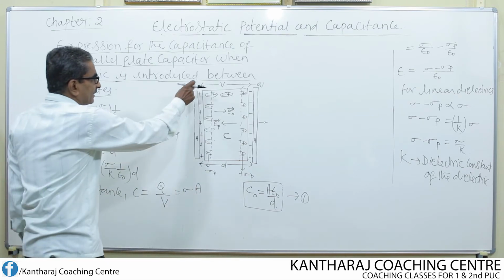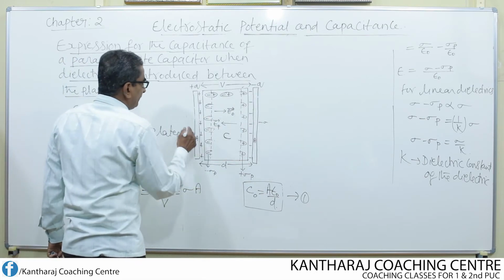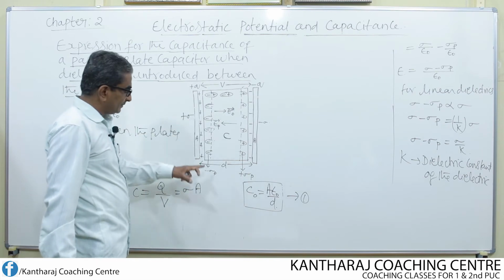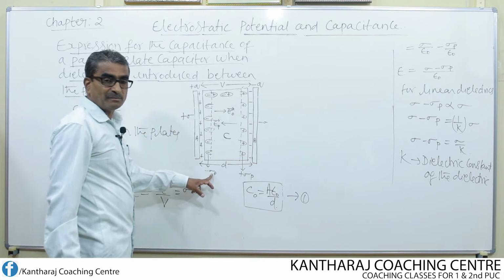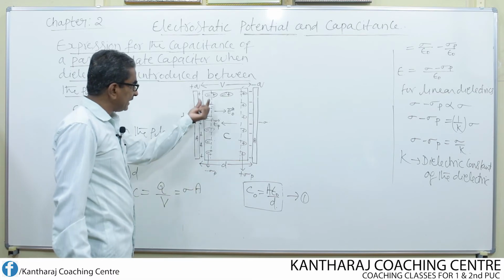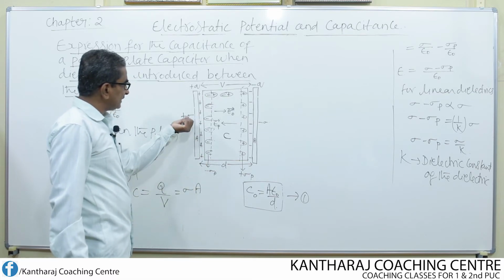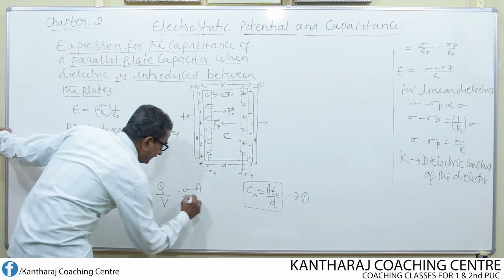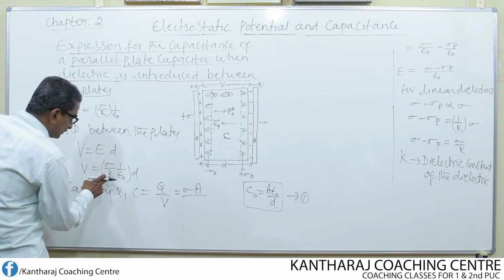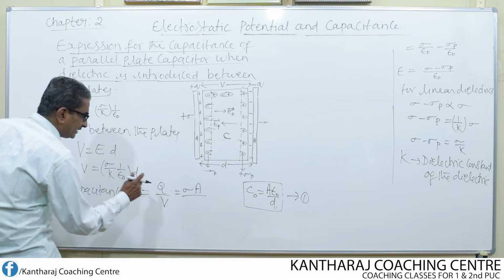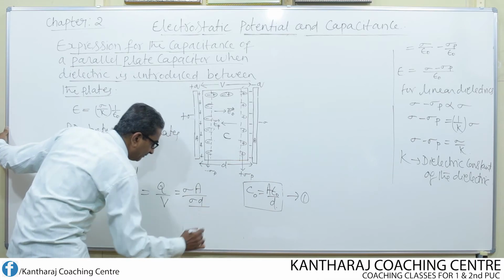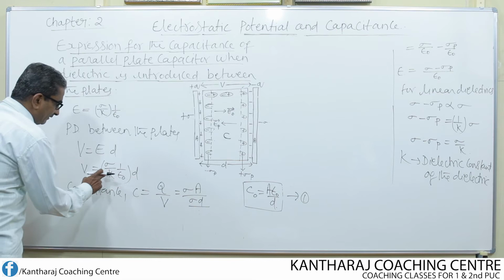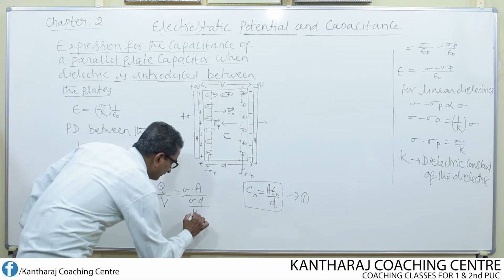What is sigma? The surface charge density of the plate. Remember, there are two sigmas here. One is only sigma, and the other one is sigma P. Sigma P is the surface charge density of the polarized charges, and sigma is the surface charge density of the charges on the plate. So C equals sigma A divided by V, and for V I can substitute this: sigma into D divided by K into epsilon naught.